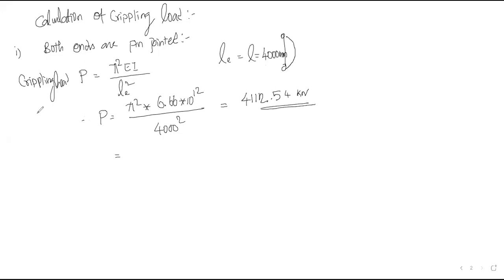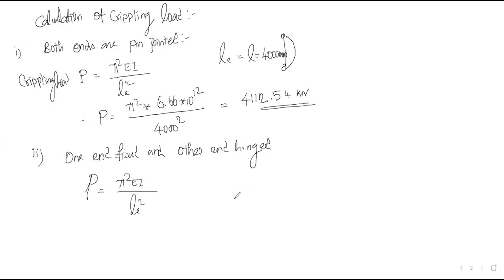kilonewton. Second, one end fixed and the other end hinged. Here P is equal to pi squared EI by LE squared. Here, for one end fixed and the other end hinged, LE is equal to L by root 2.